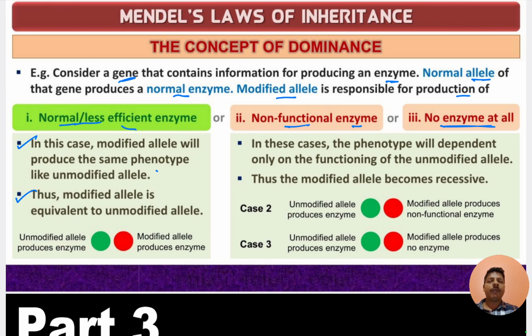Here, coming to the non-functional enzymes, in this case, the phenotype will be dependent only on the functioning of the unmodified allele. Thus, the modified allele becomes recessive. In case 2, you can see unmodified allele producing enzyme, modified allele producing non-functional enzyme. And in case 3, unmodified allele produces enzyme, modified allele produces no enzyme.